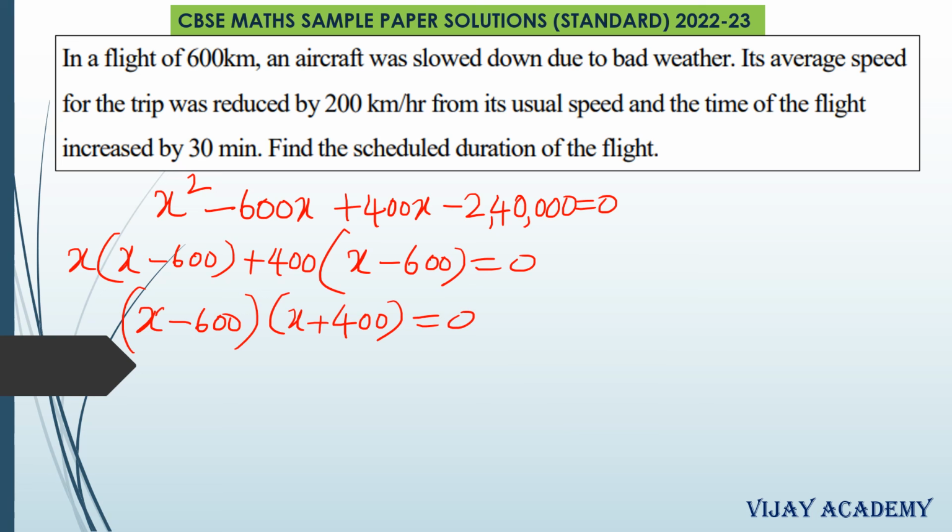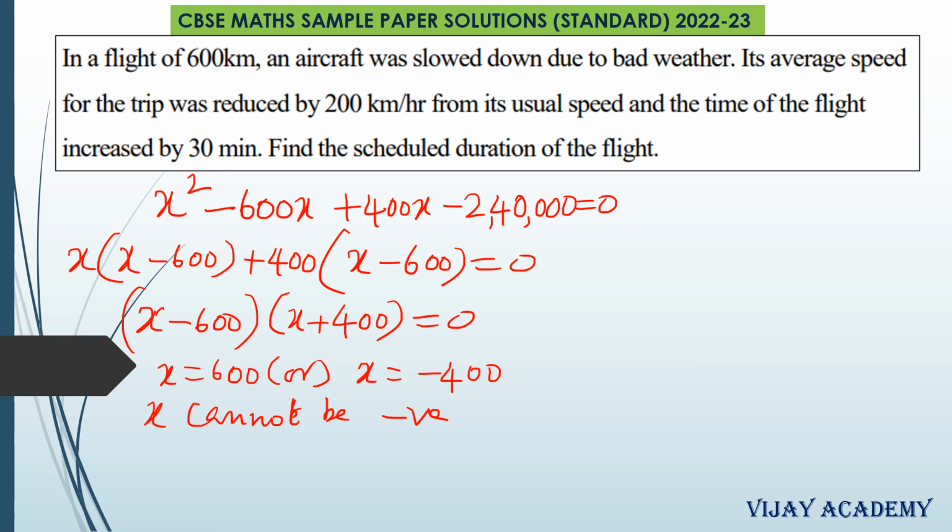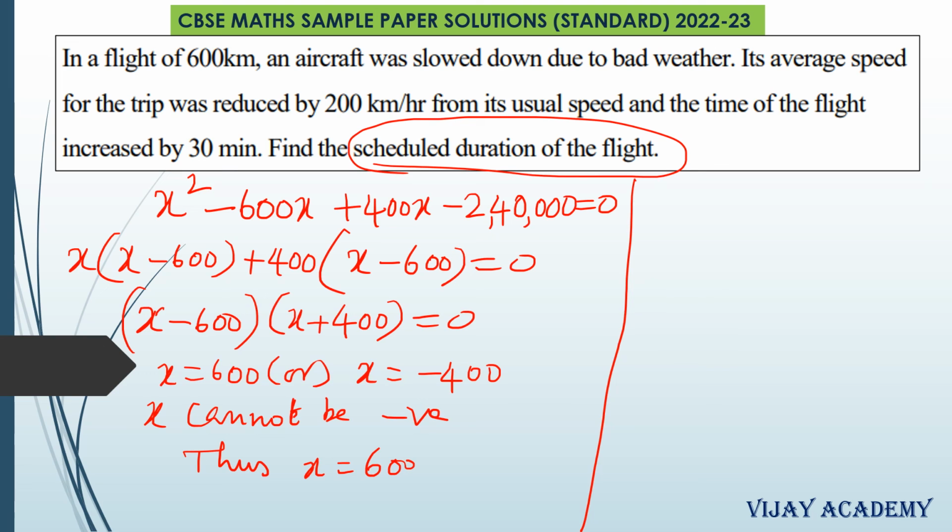Now we equate each factor to 0, therefore x equals 600 or x equals minus 400. Speed cannot be negative, thus x equals 600 kilometer per hour. We need to find the scheduled duration of the flight. Now we have the usual speed, that is 600 km per hour.